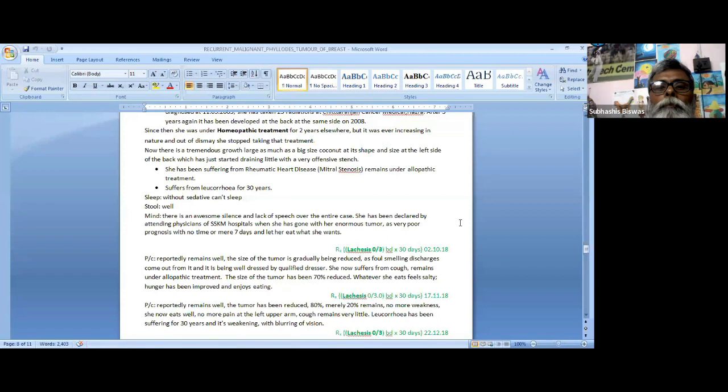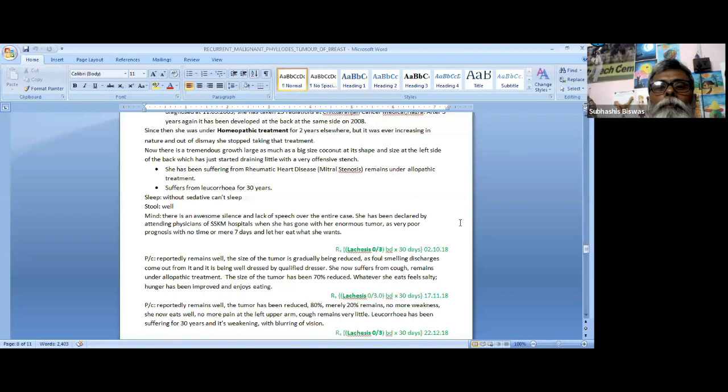You can see in Hering's Guiding Symptoms and Clarke's Dictionary, and somewhere else also, in Catherine Coulter's beautiful reader, the book which I recently got in 2023, but at that time I had not gone through the book.